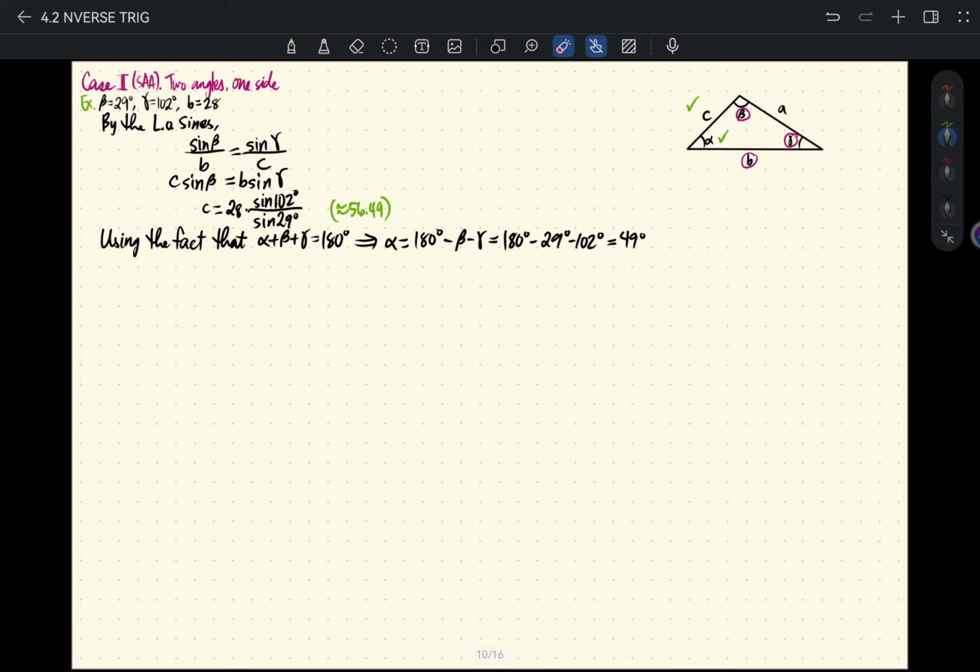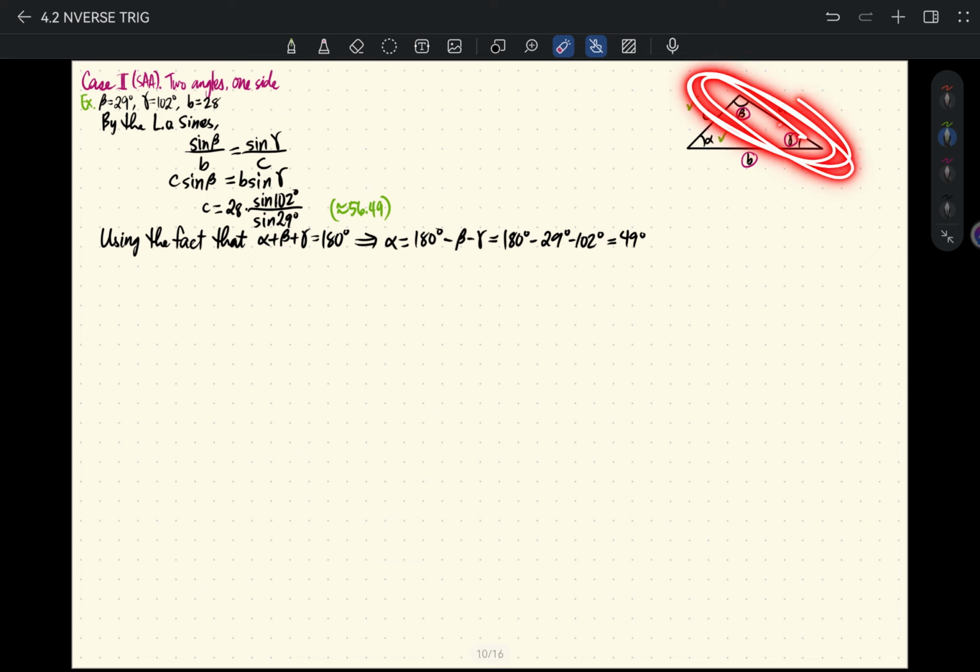So why were we able to use this fact? That's because you already have two angles. And the sum of the three angles is 180 degrees. So it's easy for you to identify this one. That's because the other two are already given.